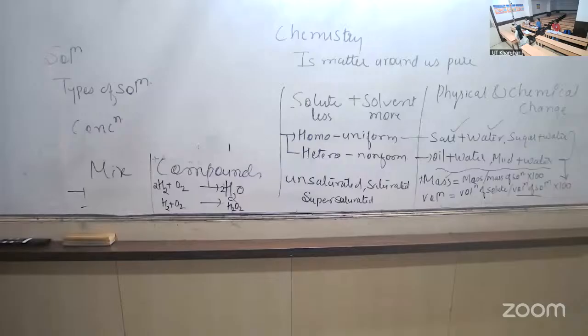Which of the following material falls in the category of pure substance? Ice, milk, iron. बहुत सारे पता प्योर में फर्क आता है. Ice, pure, impure. Milk, impure because milk में बहुत सारी चीजें रहती हैं. Iron.